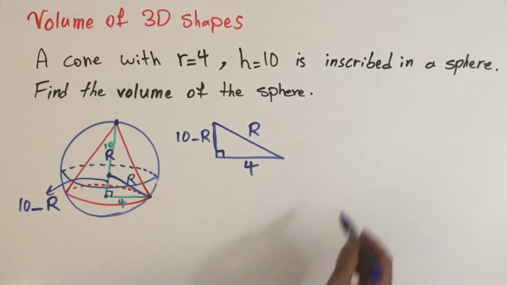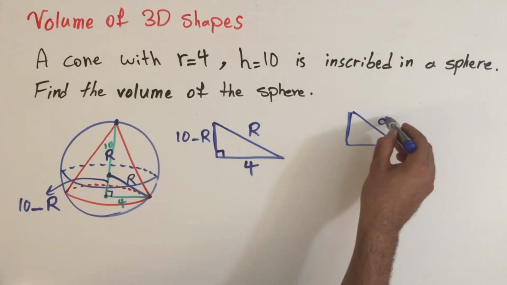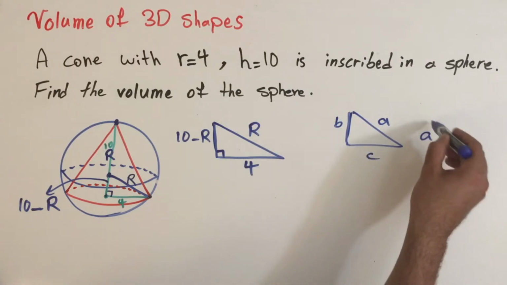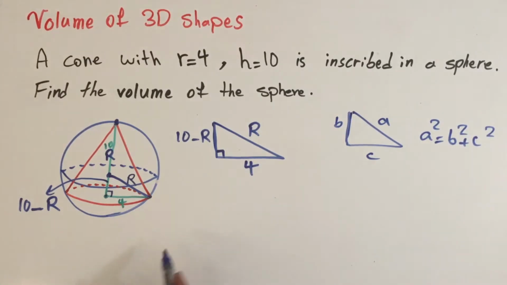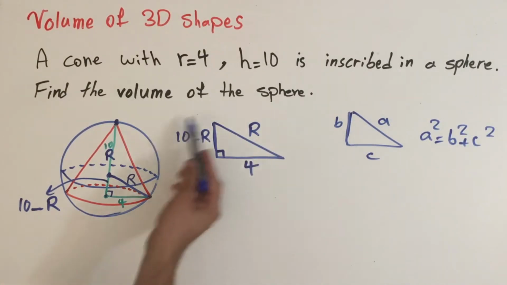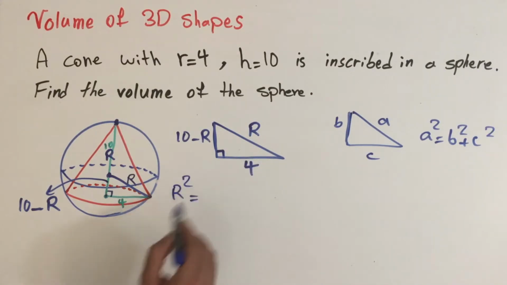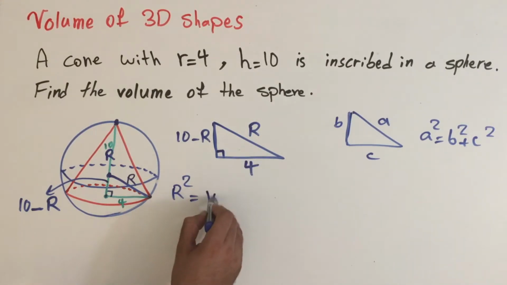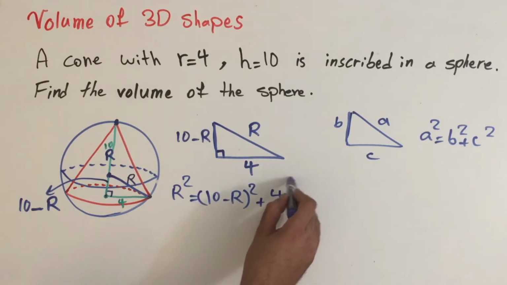So let's have a quick review of the Pythagorean theorem. It was a squared equals b squared plus c squared, as you know. If I apply that to this triangle, I will have r squared equals (10 minus r) squared plus 4 squared.